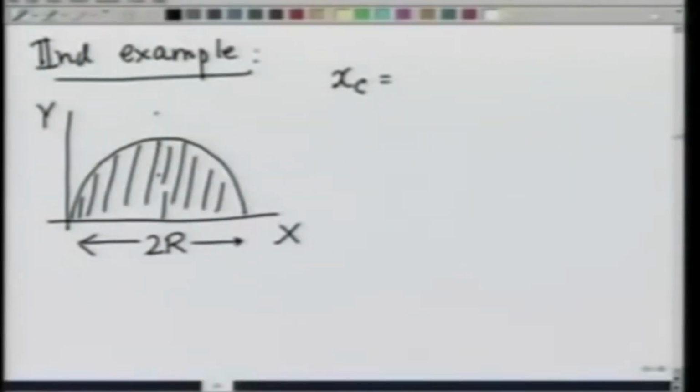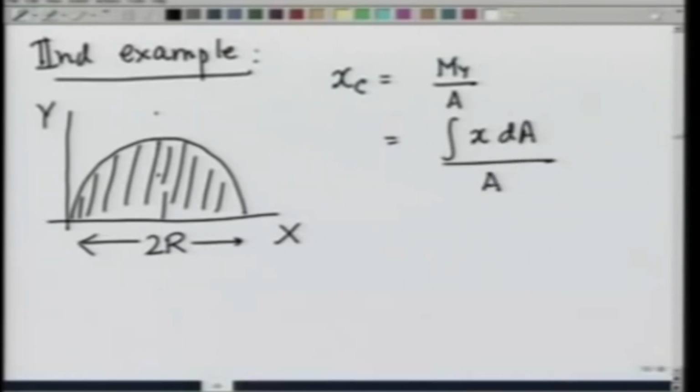So, again, xc is going to be equal to my over the total area. To calculate my, we do integration x dA over the area. To calculate the dA, I take a strip like this, which is a vertical strip at a distance x from the y axis.